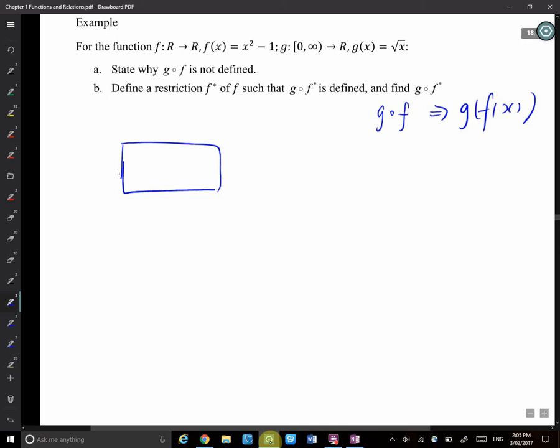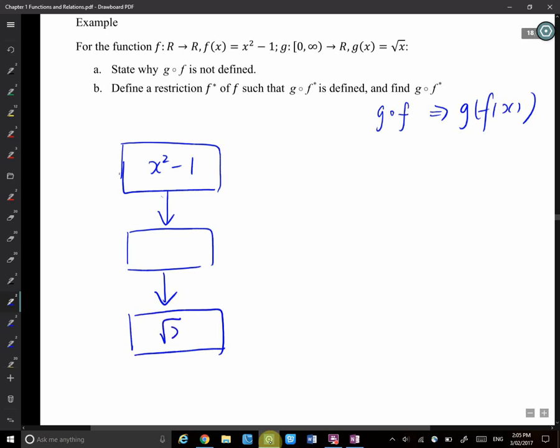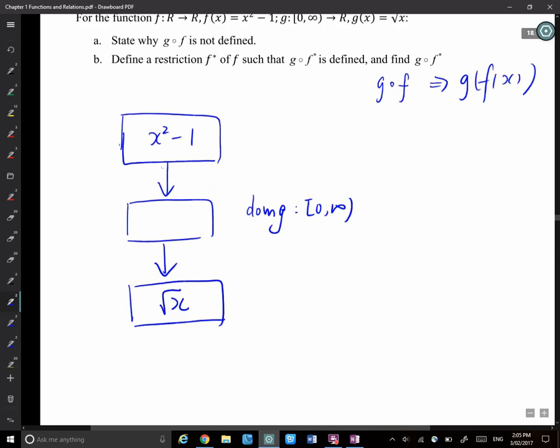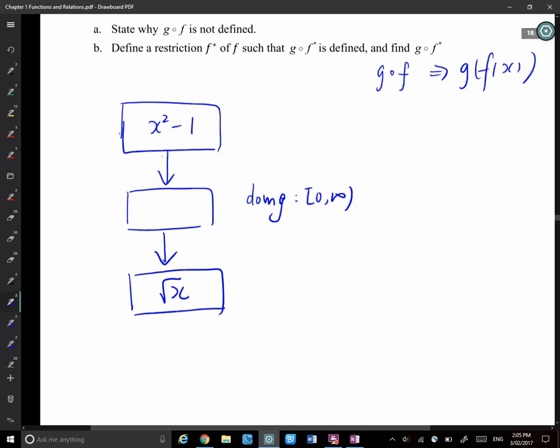So I will put my f(x) in. My f(x) is x squared minus 1. I will produce something out, which is the range of f. I will put that thing again into my g function, which is the square root x. And note the domain of g will be 0 to infinity. Just put here to remind yourself what is supposed to go into this box.